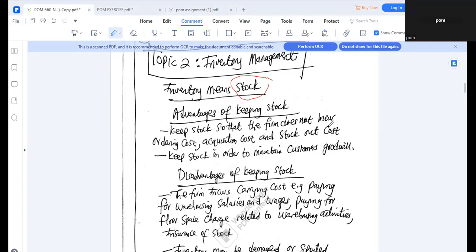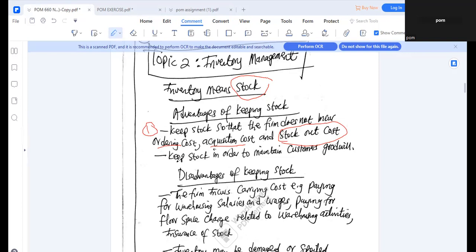We keep stock so that the firm does not incur ordering cost, that every time you place an order, so you're avoiding the acquisition cost. And then you are also keeping stock to avoid the stock out cost, the cost of losing business. These are the advantages of keeping stock.